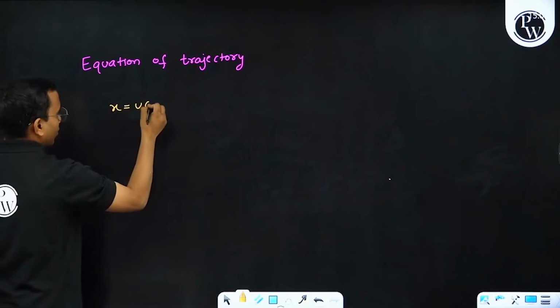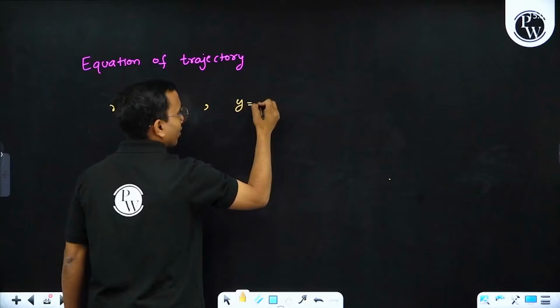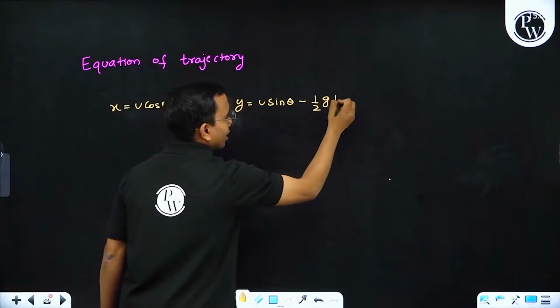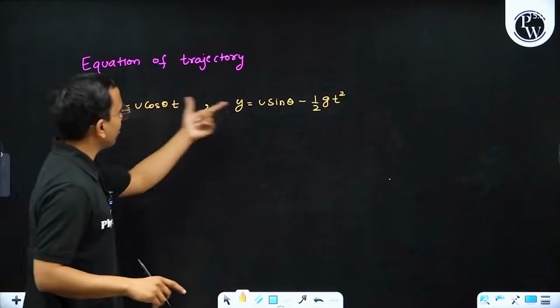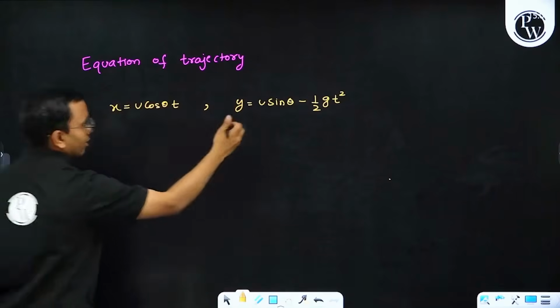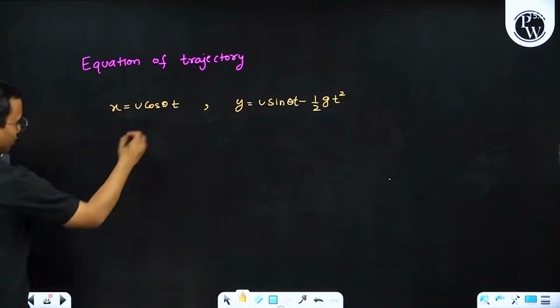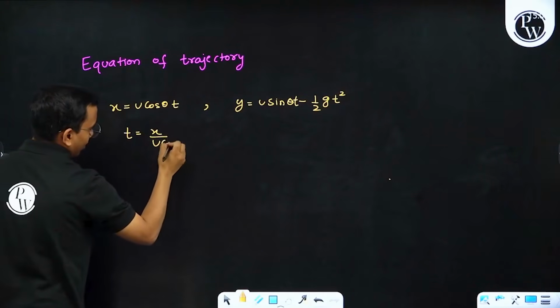We already wrote u cos theta into t. What is y? Y was u sin theta t minus half g t square. I need the xy relation. So from x, I'll get t on the other side. If I write t from here, this is x by u cos theta.